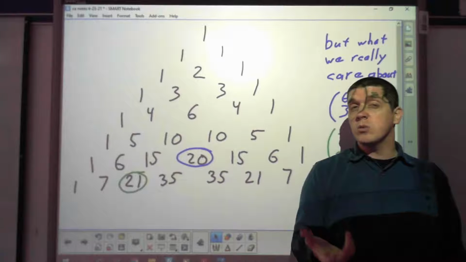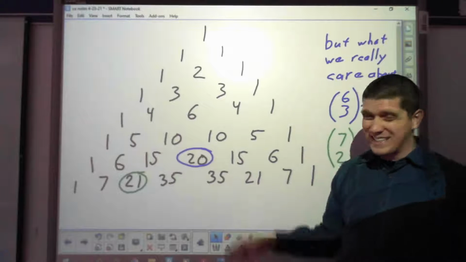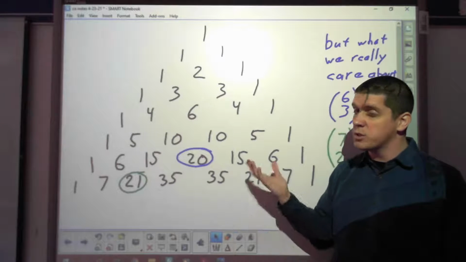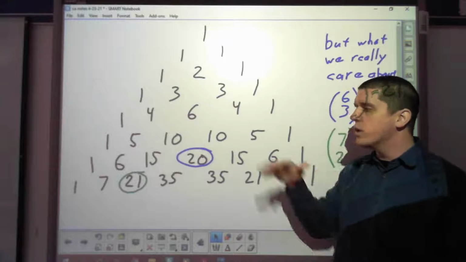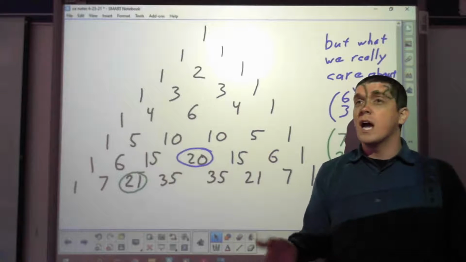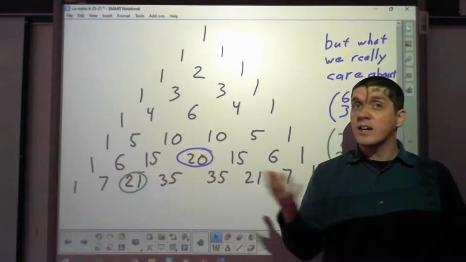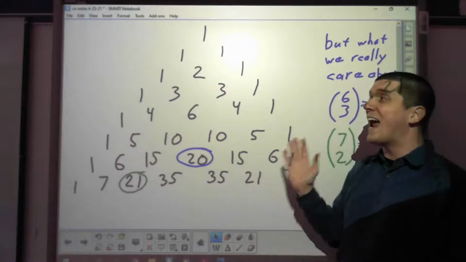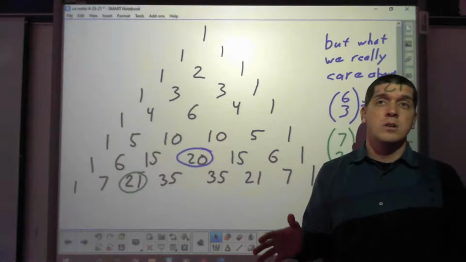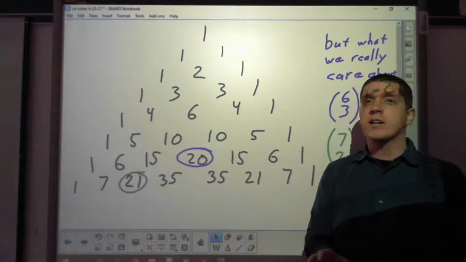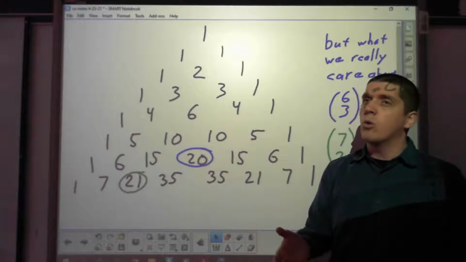All of these numbers are combinations. So if I wanted to write out like 10 rows of Pascal's triangle, which we could do, I'm not going to make you, we could write out a bunch of rows of Pascal's triangle and we could know a ton of combinations. We wouldn't have to do all the factorial stuff. Now, here's the thing.